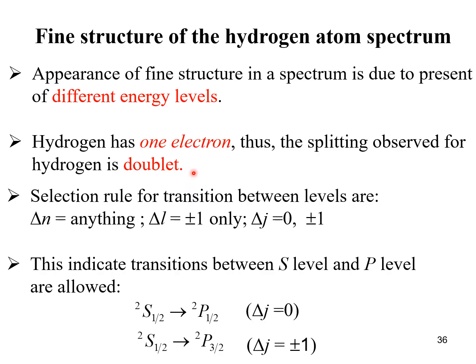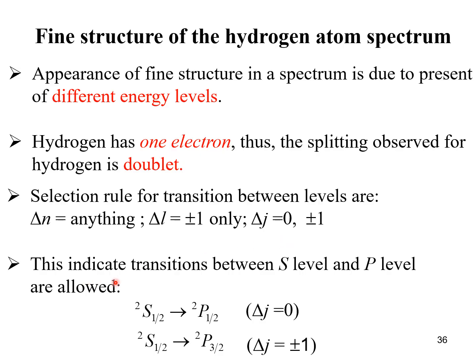During the process of transitions, the selection rules for the electron allow a change of principal quantum number with any value, while the change of the orbital angular momentum quantum number is limited to either an increase by 1 or a decrease by 1, and the change in the total electronic angular momentum quantum number allowed is either +1, -1, or no change.